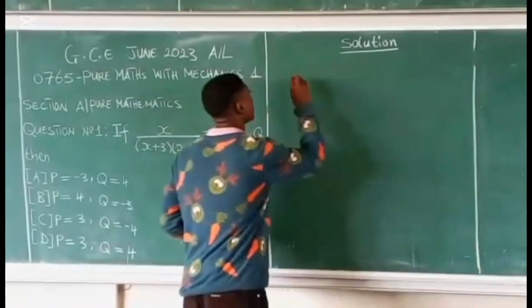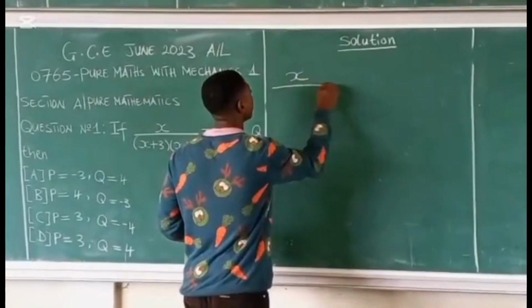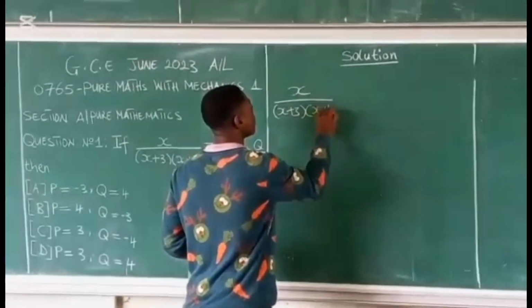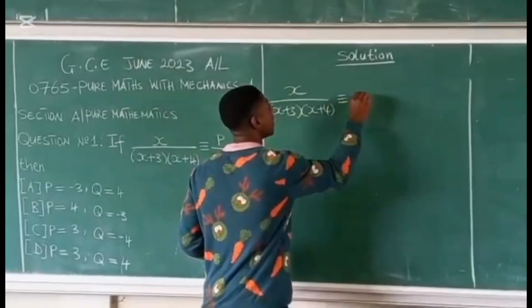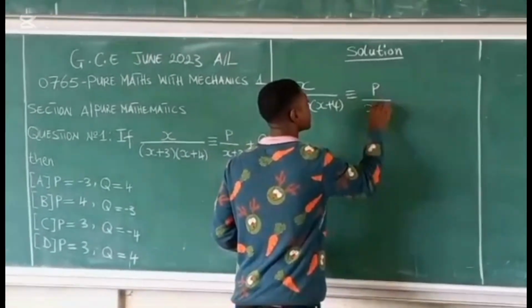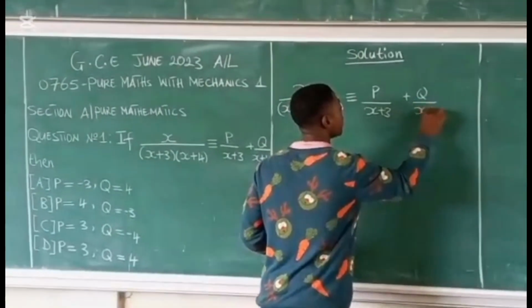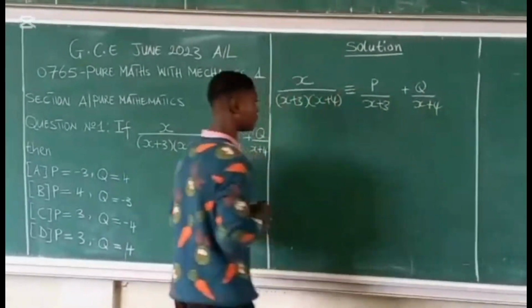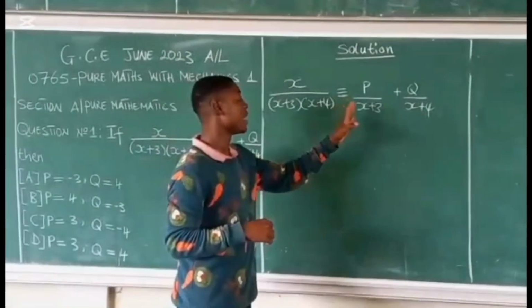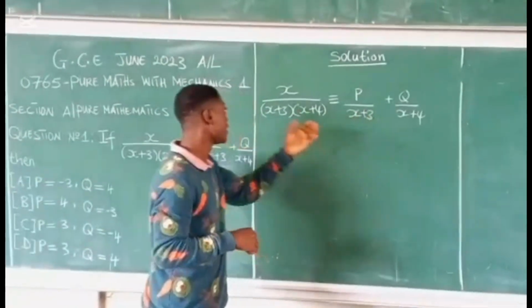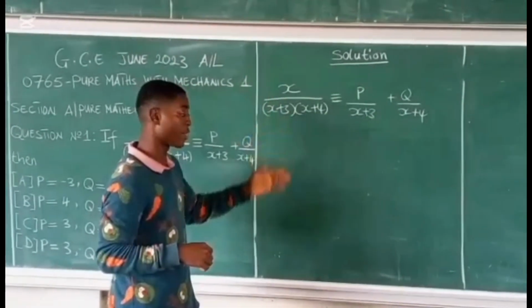So the question says x divided by (x plus 3)(x plus 4) is identical to p divided by x plus 3 plus q divided by x plus 4. Now, as you can see, the LCM for these partial fractions is obviously the denominator of this fraction.